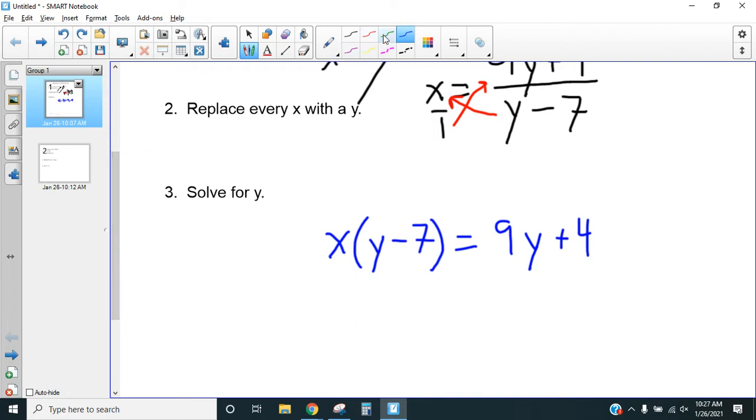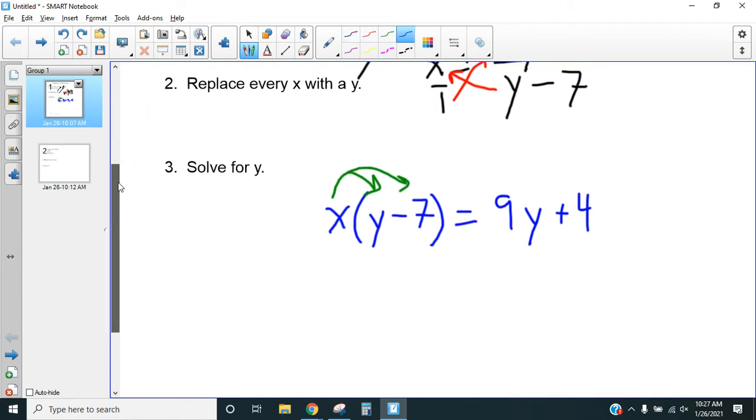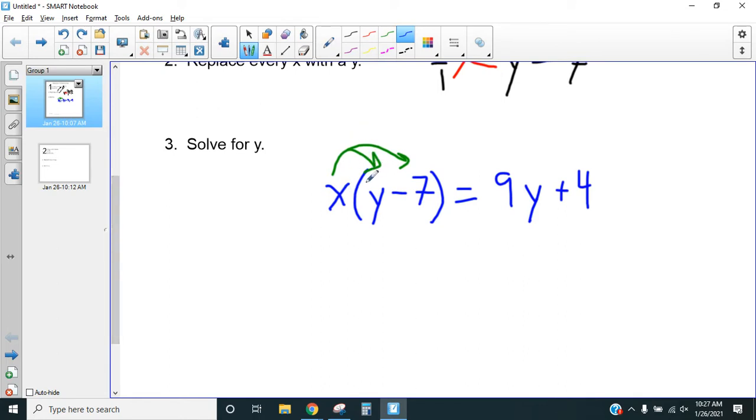Yeah, distribute. So we're going to do this wherever we have to. Usually it's just on one side. When I take x times y, it's not like anything fancy. We just say that it's xy. x times -7 is -7x.